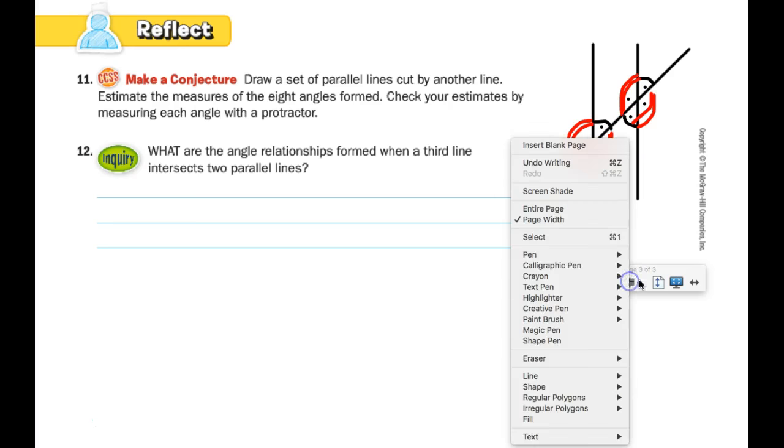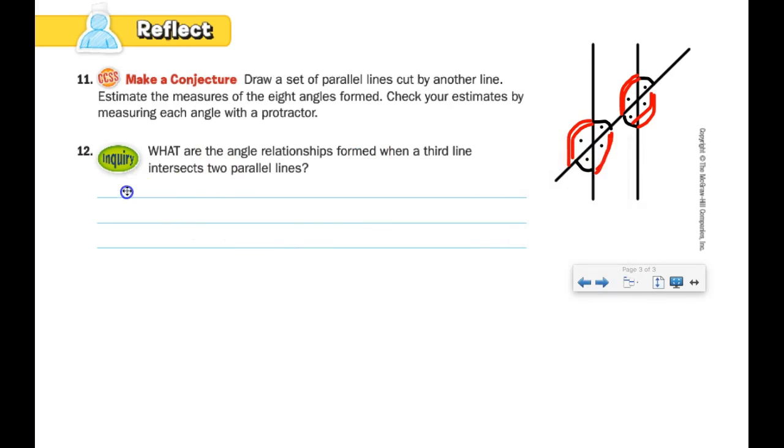So if we want to say something about it that way, what are the angle relationships? Well, you basically end up with 4 congruent angles, 2 sets of 4 really, because you have 1, 2, 3, 4 black angles and 1, 2, 3, 4 red angles. So technically it's 4 of each.